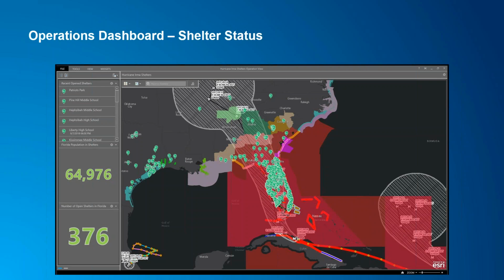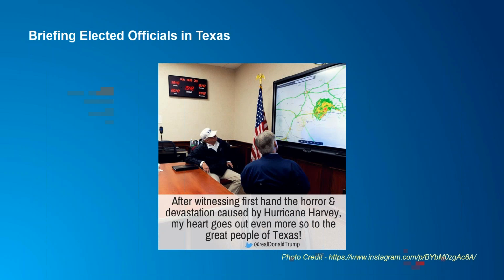So again, thinking about using these tools, in this case the operations dashboard, to bring in different data sets to show some of the reporting information on the left, configuring the widgets to portray different mission specific views with the apps that come along from a WebGIS perspective.